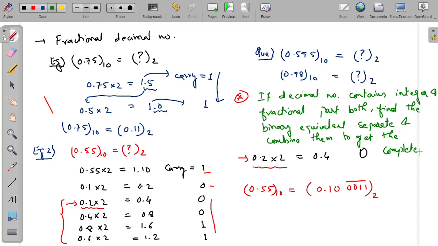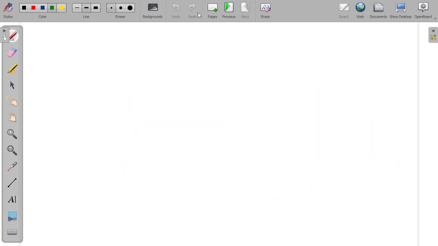Okay, so you do the calculation separately for the fractional part and the integer part, and then you combine those two parts to get the complete number, right? Okay, so this was the conversion from decimal to binary.